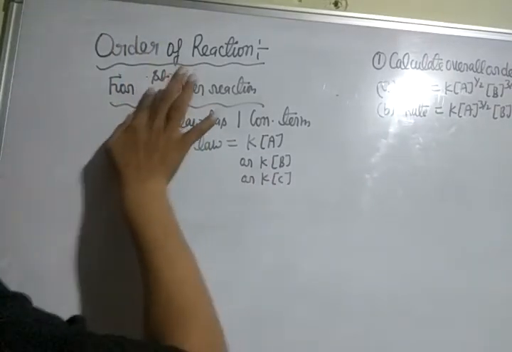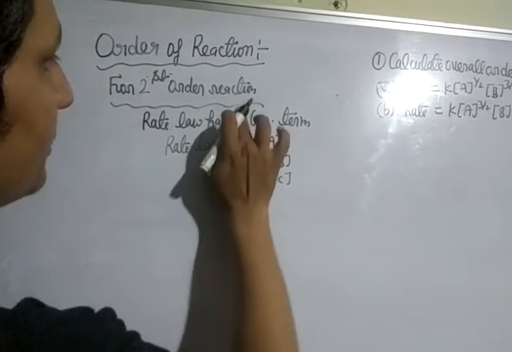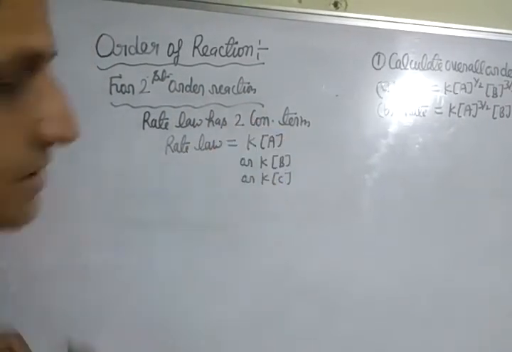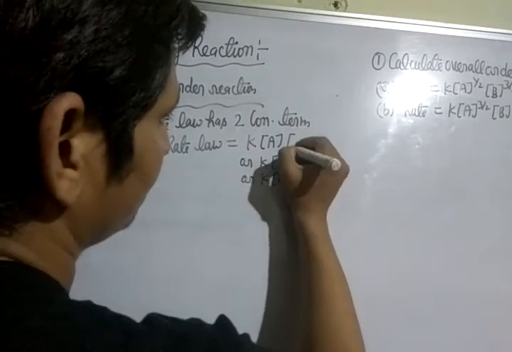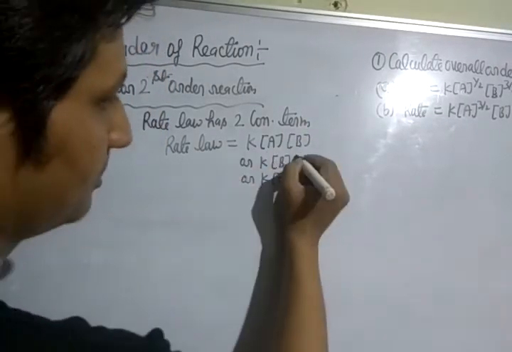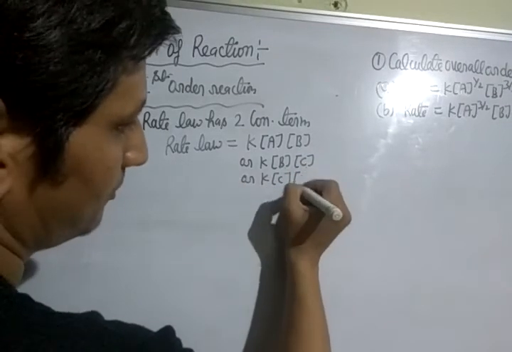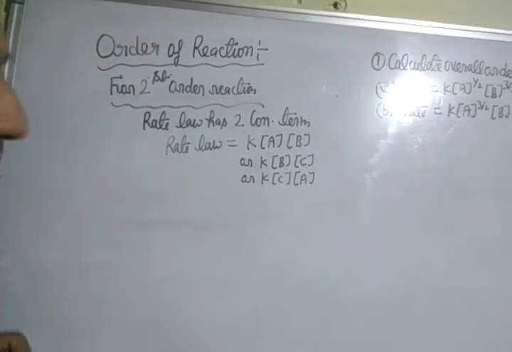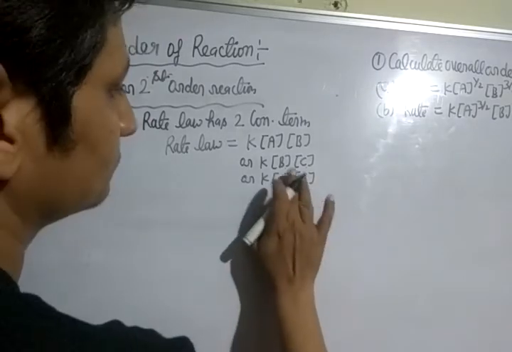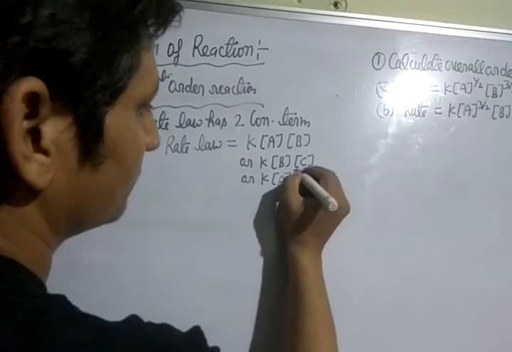After this, for second order reaction, rate law has two concentration terms. So two concentration terms become K[A][B], or K[B][C], or K[A][C], or we can also write K[A] to the power 2.